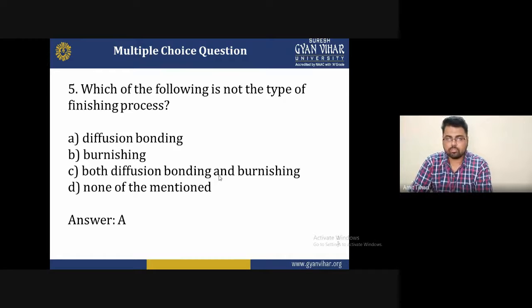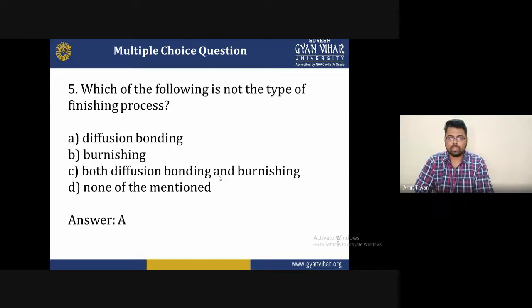Next question: which of the following is not a type of finishing process? The options are A, diffusion bonding; B, burnishing; C, both diffusion bonding and burnishing; and D, none of the above mentioned.